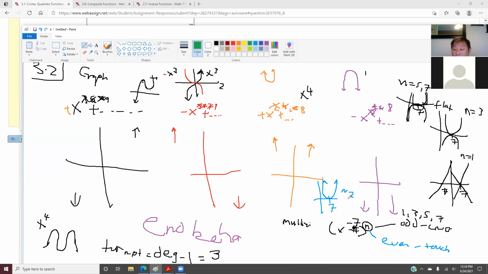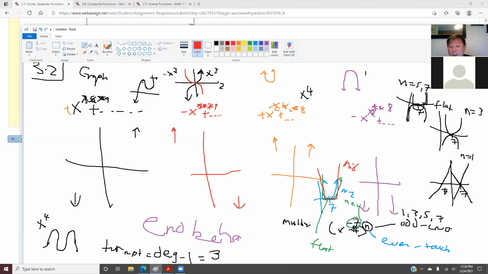What happens when n is 4? It will still touch at 7, but it will be flatter down here. The higher the power you have, the flatter. So if you have 6, this is even flatter than 2 and 4.